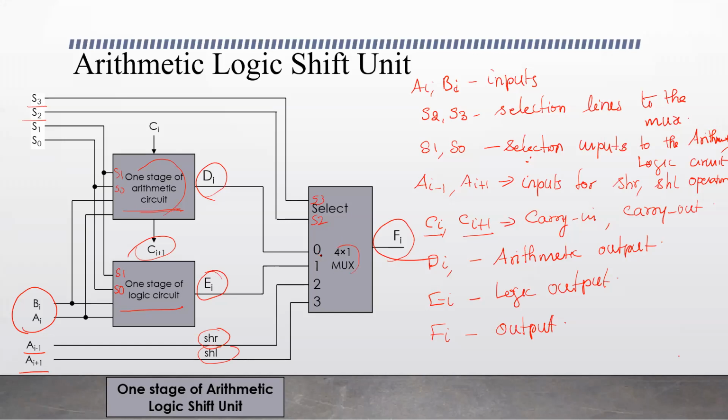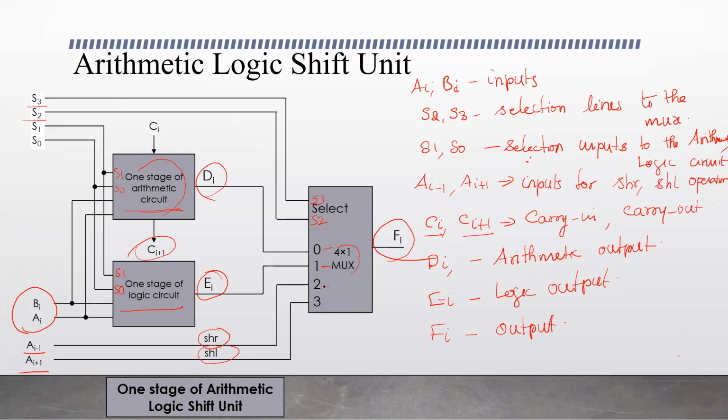What is 0? 0 is the arithmetic operation, the output of the arithmetic circuit, given as the output here. And one input to the multiplexer is the logic output, the logic operation selected by the logic circuit.